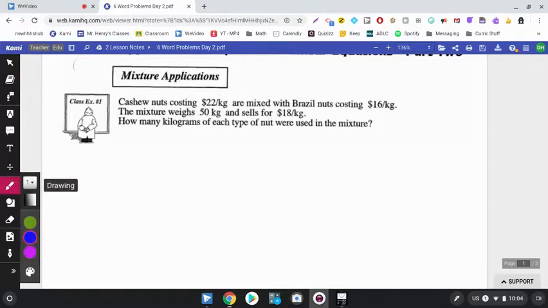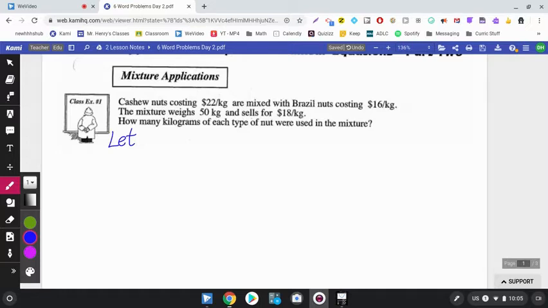Well, let's think. First thing I'm going to do is a let statement. I want to write some things down, but I need to say what the variables are going to represent. I'm trying to find the kilograms of each nut, the amount, the mass or weight of these things.